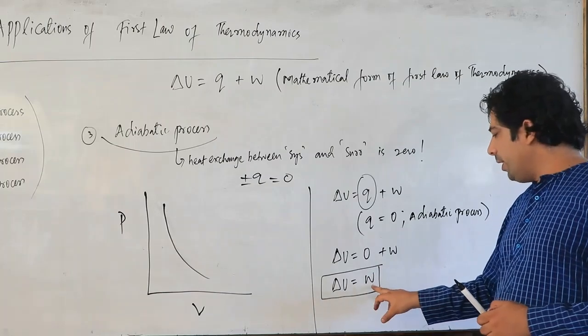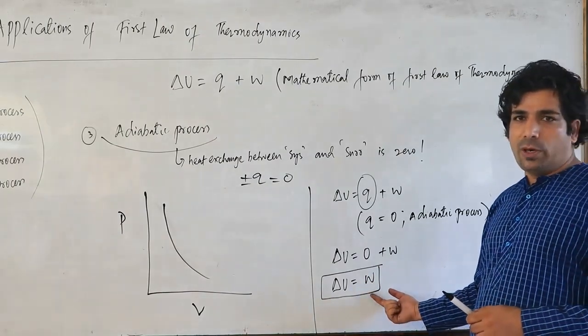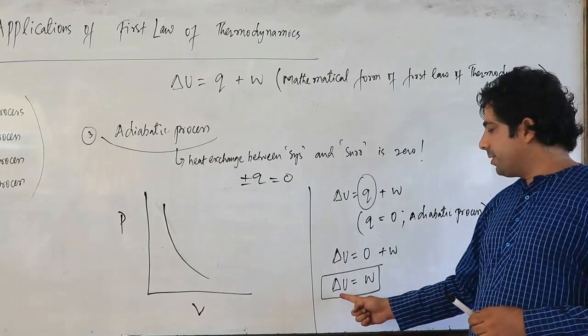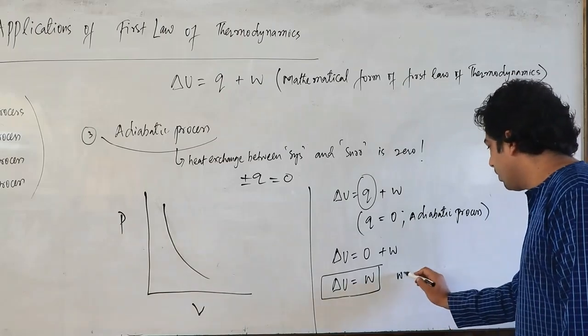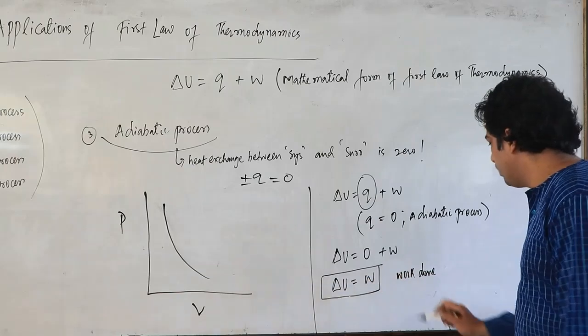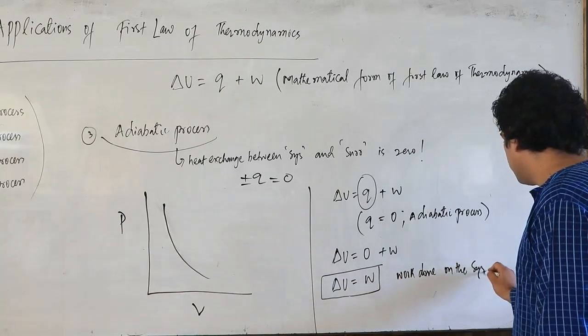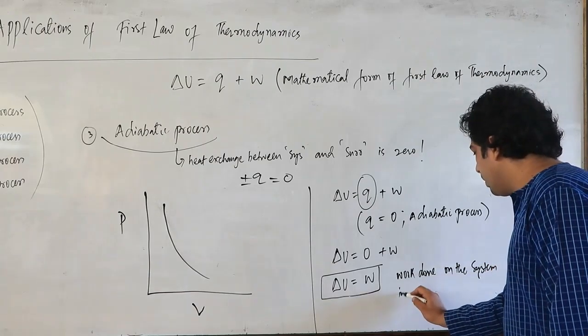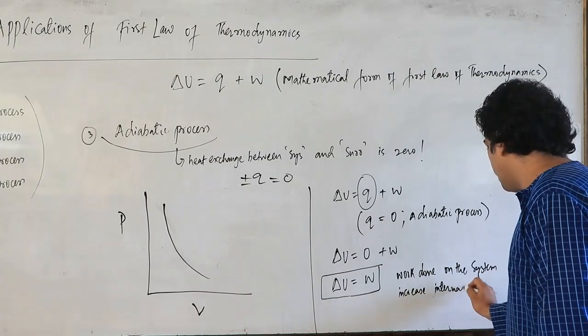Yes, my dear friends? Now what is this W all about? Generally if it is positive here, we will tell directly that work done on the system will increase the internal energy of the system. So I will write down here, work done on the system, because work is positive, work done on the system increases internal energy of the system.